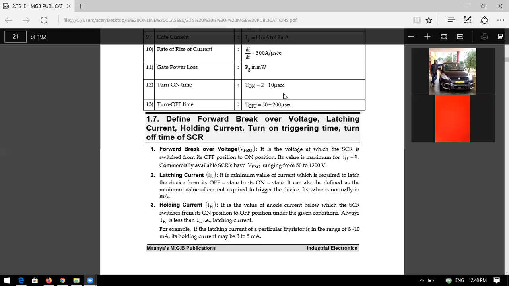The thyristor will turn on quickly, but it will turn off itself very slowly, in the order of 50 to 200 microseconds. That means it is almost 5 times, and more than 5 times, the turn on time. So you have to remember the turn off time is more compared to the turn on time.